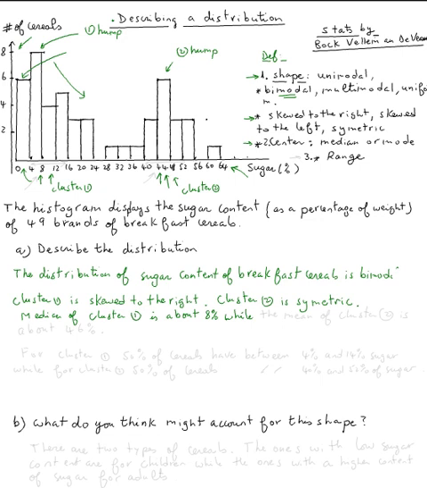So let's say the mean of cluster 2 is about, I would say, 46%.